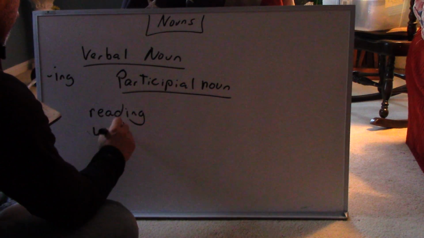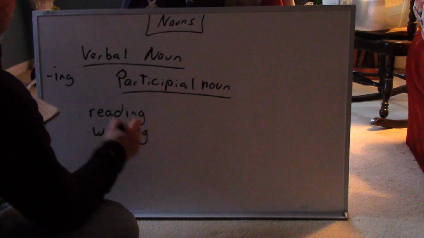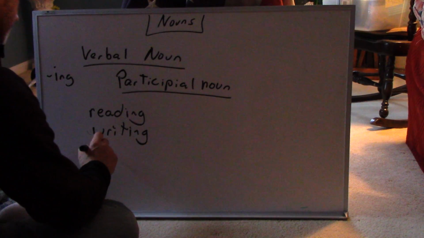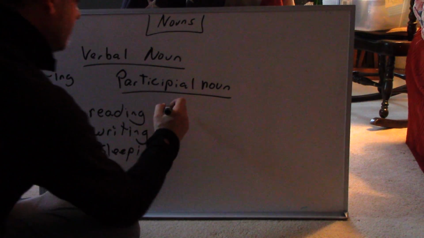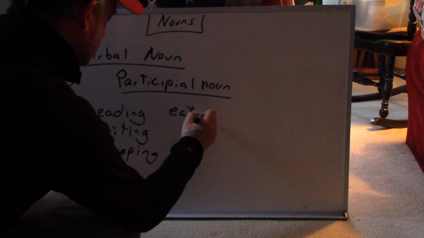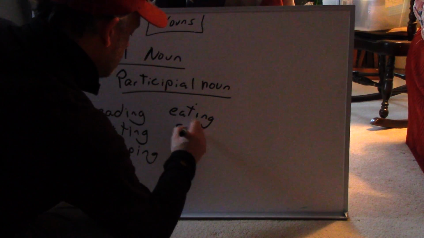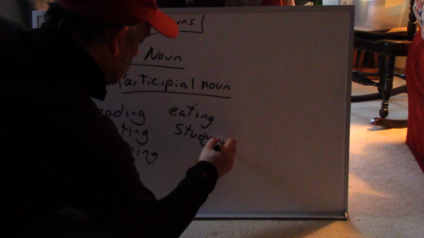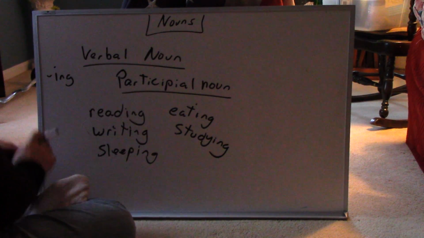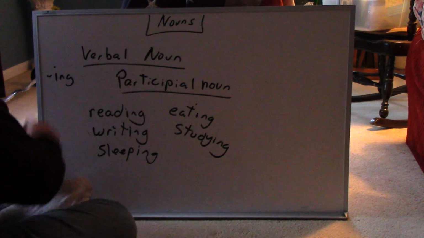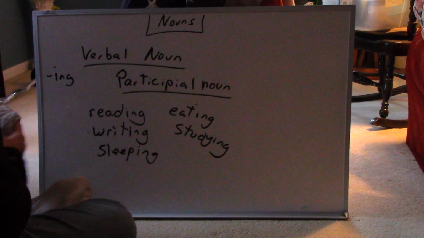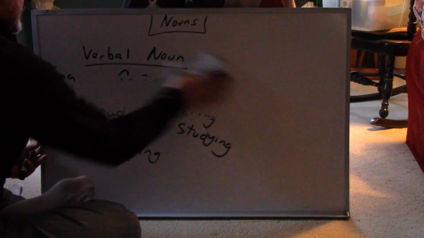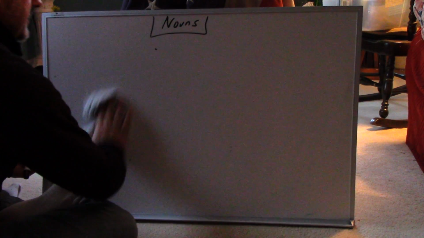Here's some examples: reading, writing, sleeping, eating, studying. All right, these are all participial nouns. They end in ing, and they're verbal nouns, and they show this action. All right? Okay. You're going to be so smart when you're done with this video.